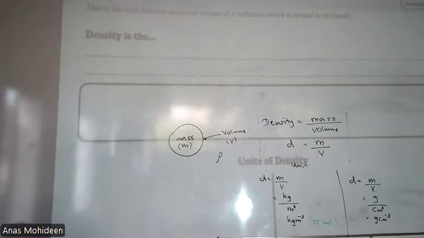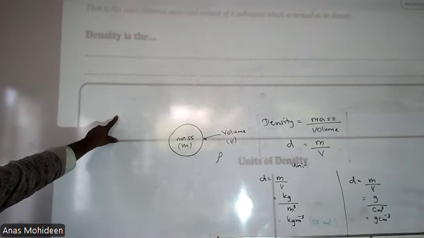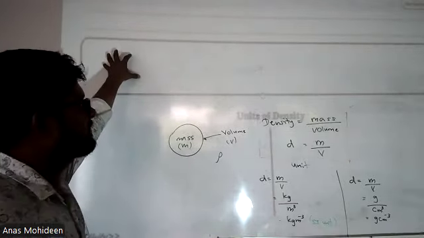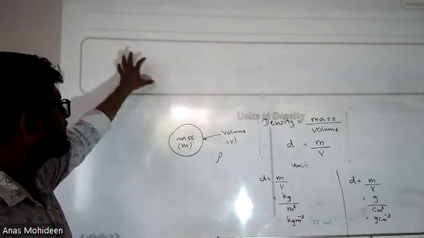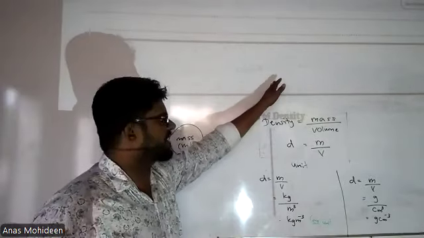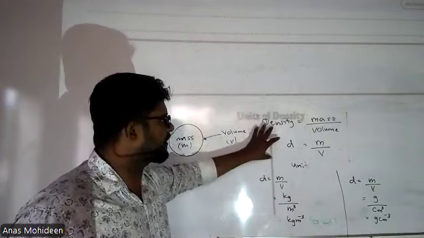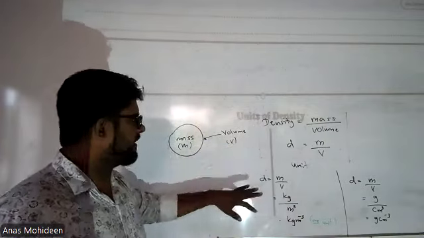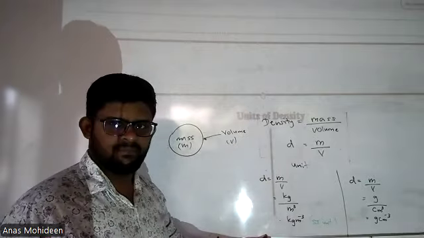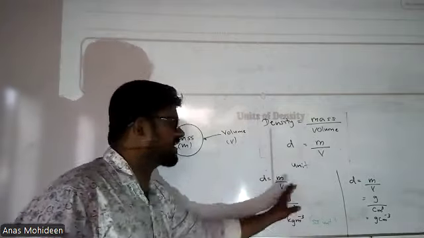Now can you see? There is a text box given, right? Guys, inside this text box, you have to write that density. You have to draw this part here, and you have to mark these two. To the left side and the right side, you have to write this. And below that, can you see units of density given, divided by one line? So these two have to be taken on both sides.